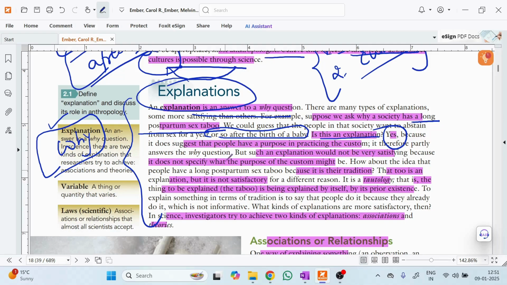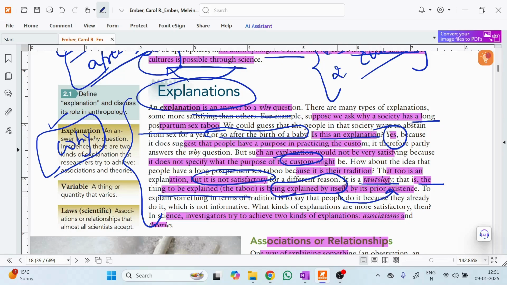Then, if the same person or another person answers that they are practicing it because it is a custom of a particular community, then even then it is an explanation but not a satisfactory one, and it is a tautology, which means the event that is being explained is explained by itself because of its prior existence.